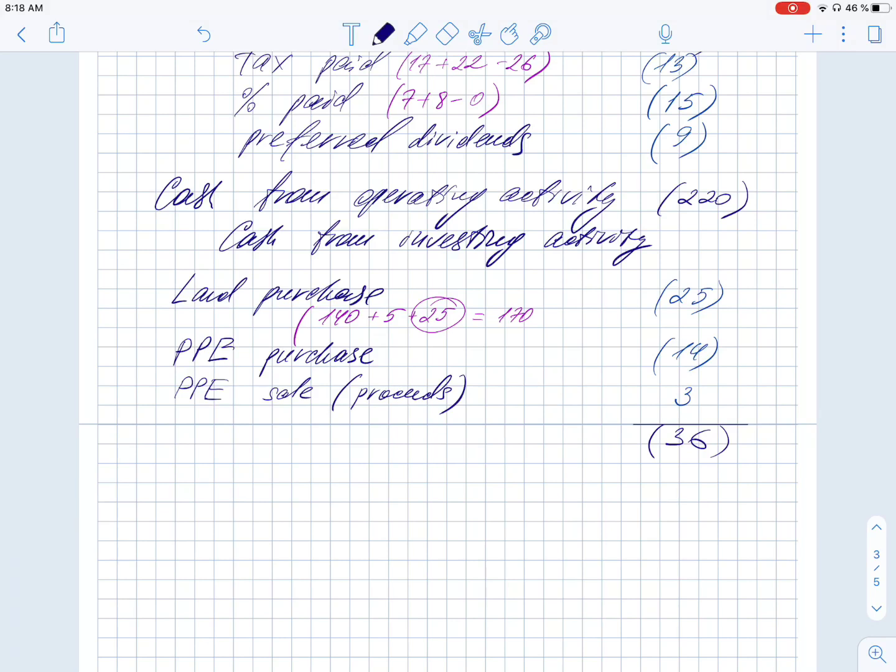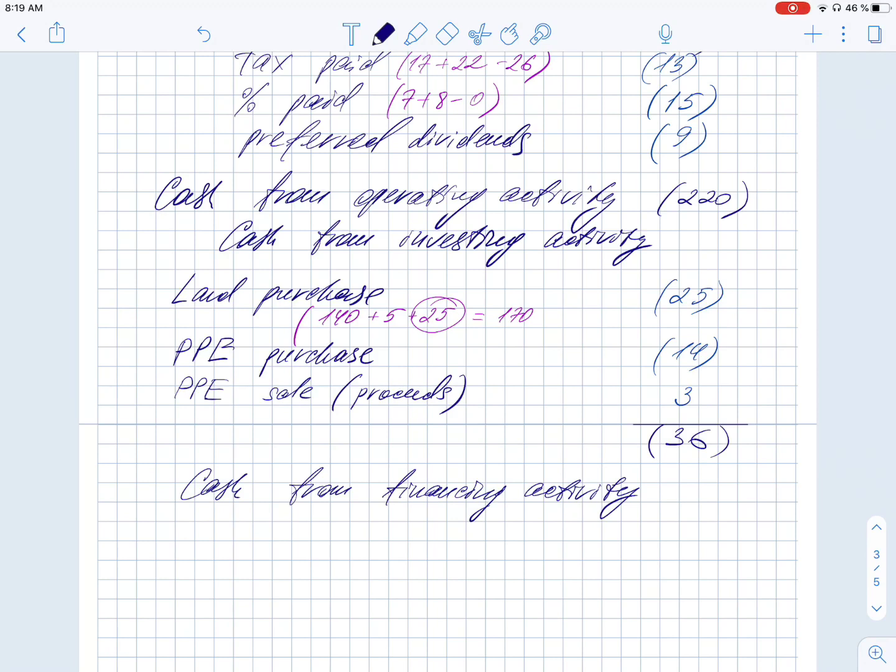And the last section of the cash flow statement is cash from financing activity. We have to consider here all the long-term borrowings or maybe debentures and the issue of ordinary and preferred stock.